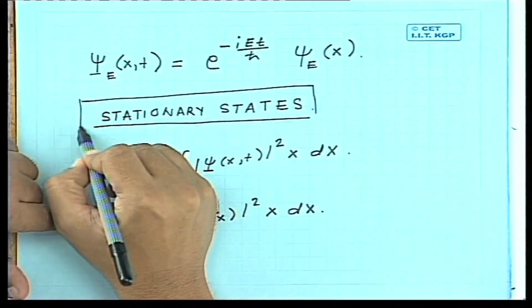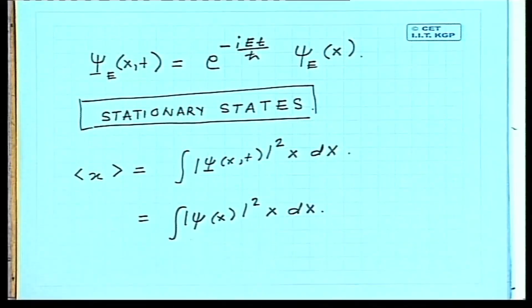And the expectation value of say position, momentum or any such quantity does not change for such states. If I have a superposition of two different states, that is not a stationary state.